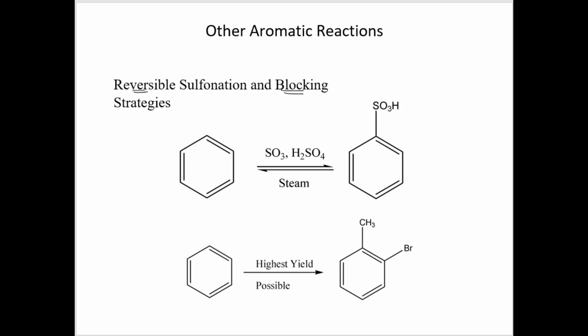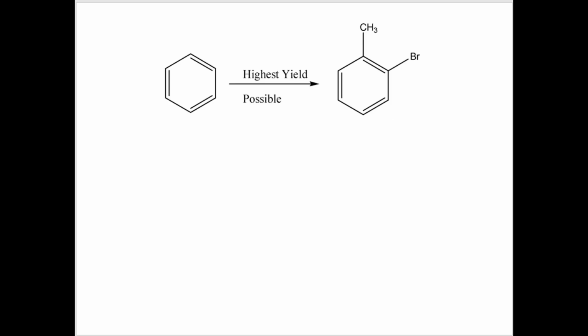You can put an SO3H group on the ring using SO3 and H2SO4. You can take it off the ring and replace it with hydrogen using steam. So in this case, we can put an SO3H group on the ring to block that position and then take it off using steam. Let me show you how we would accomplish this synthesis using a blocking strategy.